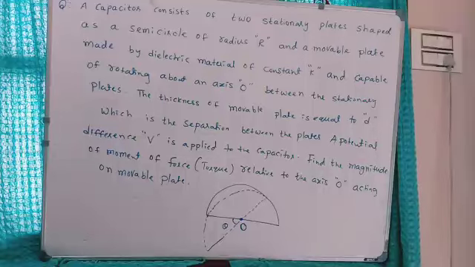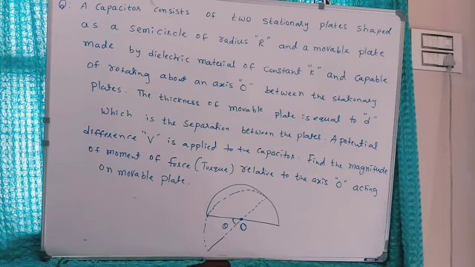Now the given problem is: a capacitor consists of two stationary plates shaped as a semicircle of radius capital R and a movable plate made of dielectric material of constant K, capable of rotating about an axis O between the stationary plates.